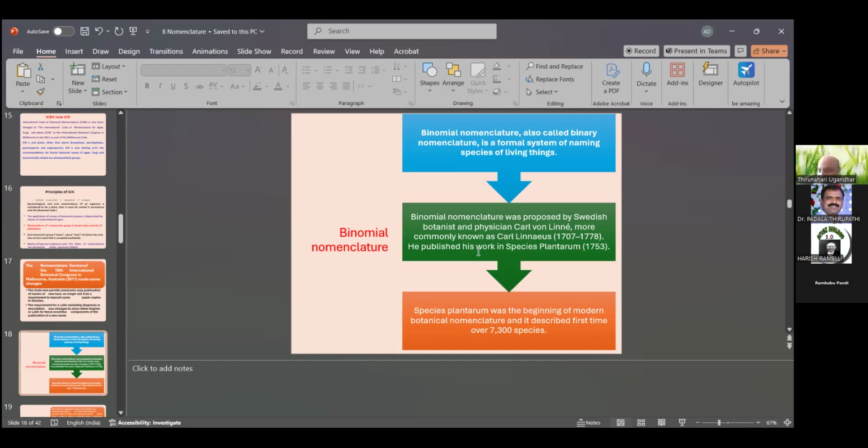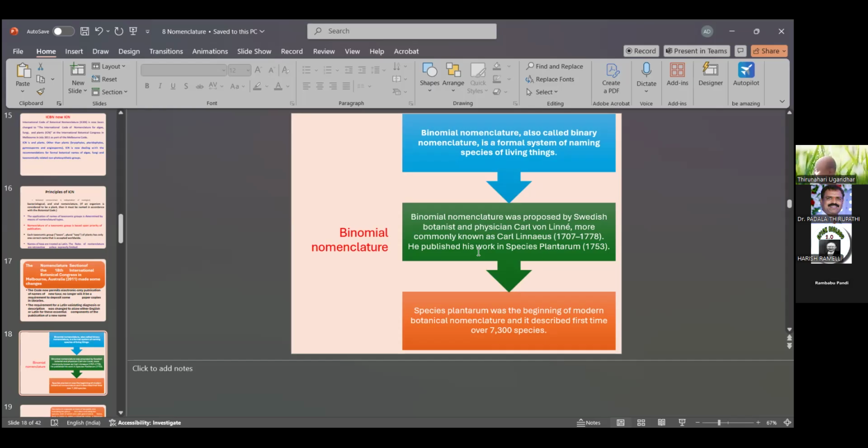In 1707 to 1778, he published Species Plantarum and Systema Naturae, two books. Species Plantarum was the beginning of modern botanical nomenclature, and it described for the first time over 7,000 species of plants.